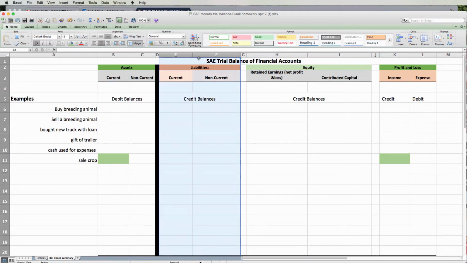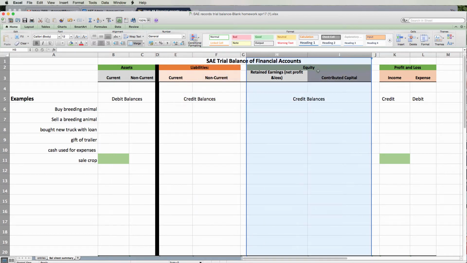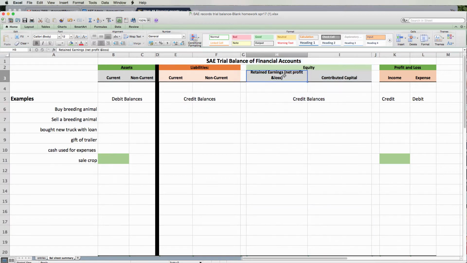Now, the right side of the balance sheet's not done because there's another part of that, and that's called equity. Again, equity can be broken into two sections. The first is the net of what you've made in profit. So if I sell something for $500 and I spent $200 on it, that's a $300 profit, and that will represent this part of my equity called retained earnings.